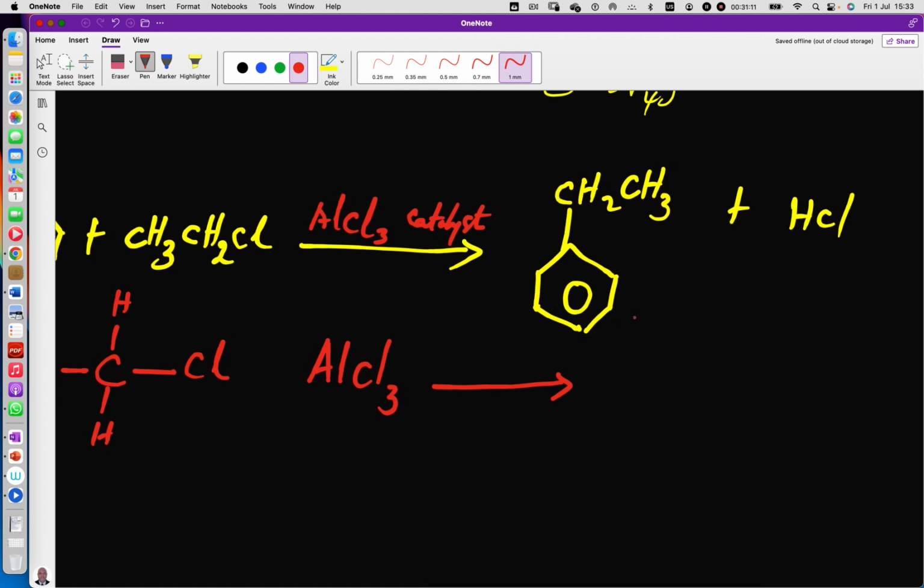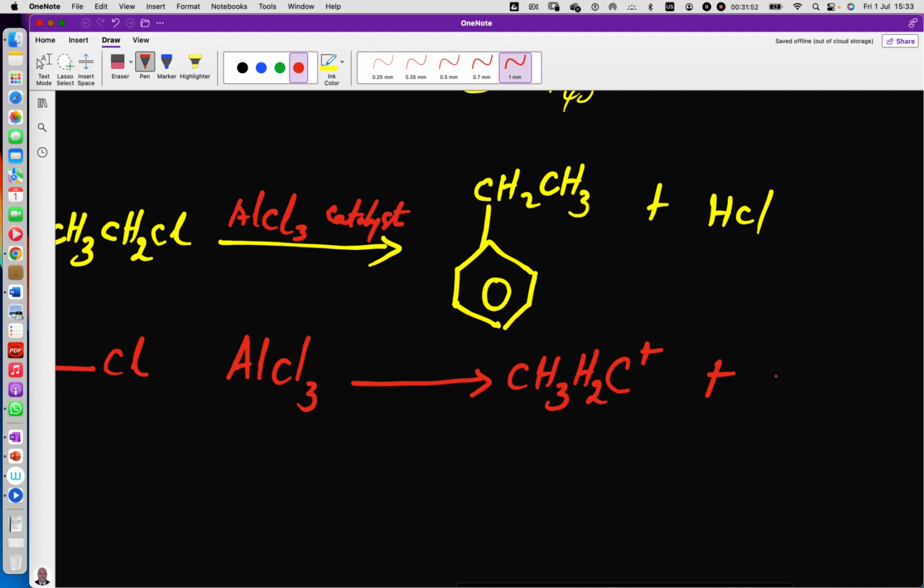What is being generated here is CH3CH2, CH3, H2C, that is CH2, H2C. That will be then plus aluminum.